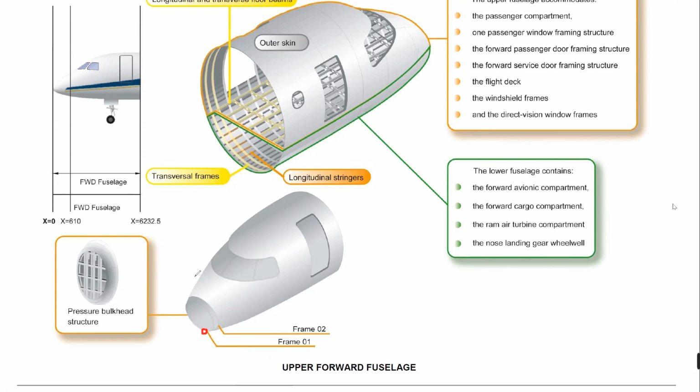Well, when we opened the radome, we were so happy that actually the pressure bulkhead was starting from frame number 2, because our hole was just between number 1 and number 2, and it was actually a non-pressurized area.